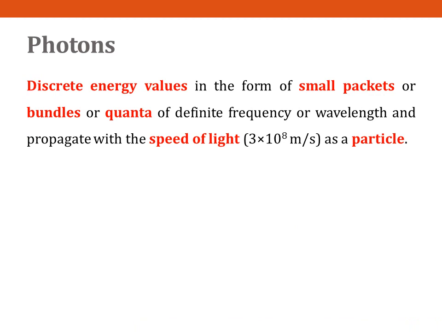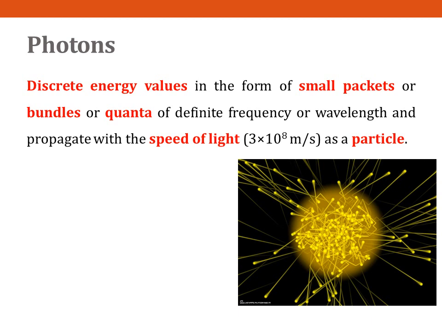Based on the quantum theory of radiation, we know that the exchange of energy between the light radiation and particle is discrete in nature. Therefore, based on this, let us see what the definition of a photon is. A photon is defined as a discrete energy value in the form of small packets or bundles or quanta of definite frequency or wavelength which propagate with the speed of light as a particle.